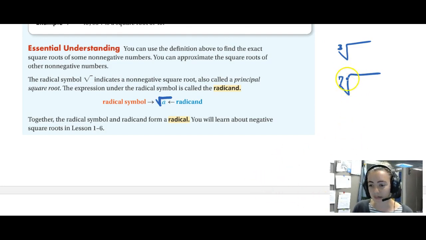If it doesn't have a number right in that little spot above what looks like the beginnings of a check mark, then you assume it's a square root. That means that it's the inverse of squaring something, so something times itself. If you ever see cube root, that would mean that it would be cubing something. So the radical symbol is that giant check mark. The radicand is what's under it.